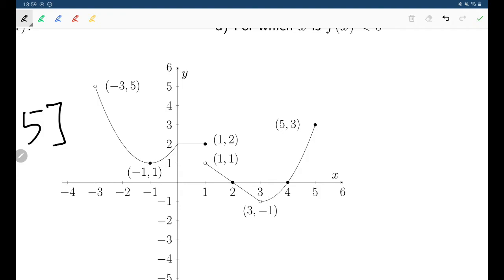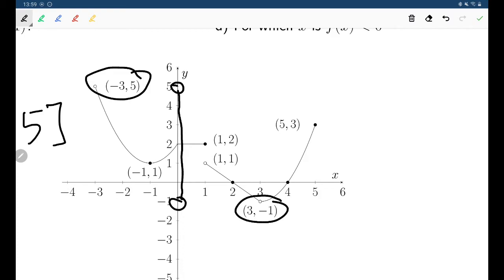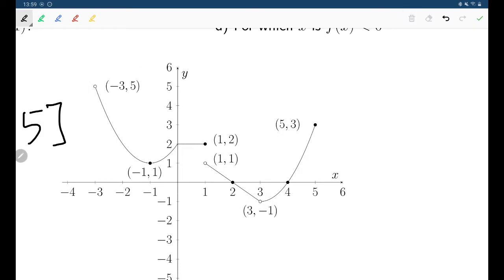So if we're looking at who's included for y values and who is not included, we have y values for everybody between 5 and -1. We don't have a y value of 5. That's because that point (3, 5) is not on our graph. We also don't have a y value of -1 because this point (3, -1) is not on our graph. But all the other y values in between, yes, there's at least one point with that y value.